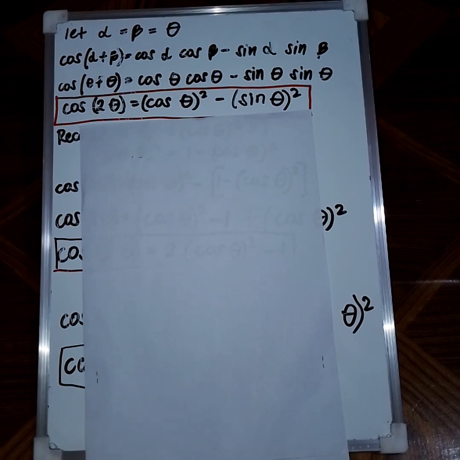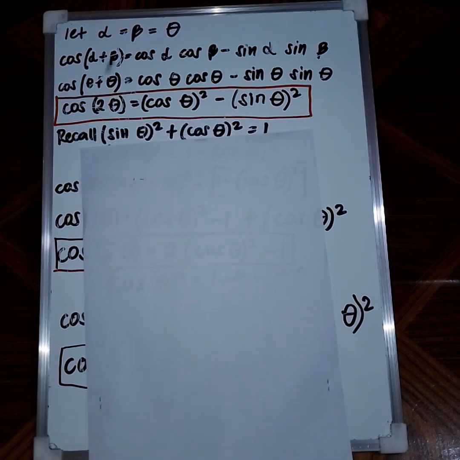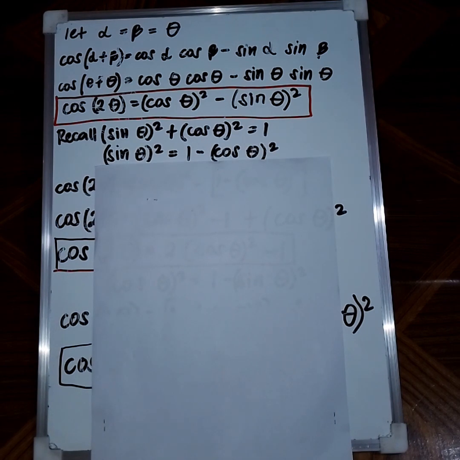Okay, so paano naman, guys, yung ibang dalawang equivalent values ni cosine 2 theta kanina? So, pwede natin gamitin yung concept ng Pythagorean identity, yung sin squared theta plus cosine squared theta is equal to 1. So, ito muna gawin natin. Si sin squared theta, palitan natin ng 1 minus cosine squared theta.